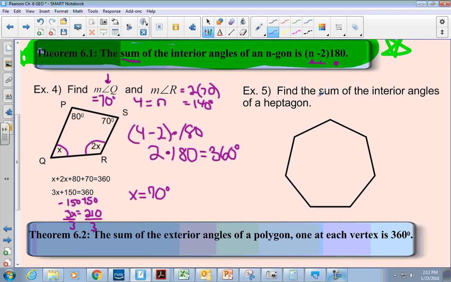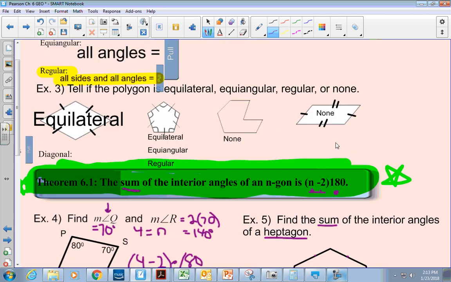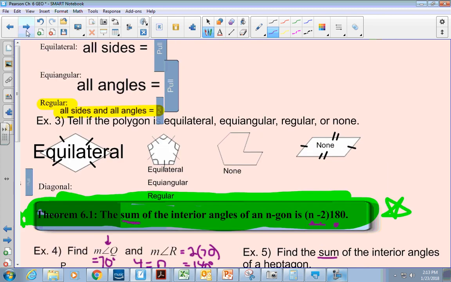All right, so we need to find the sum of the interior angles of a heptagon. 1, 2, 3, 4, 5, 6, 7. Oh, that's another name for a 7-sided figure, a heptagon. Let's go put that on our list.